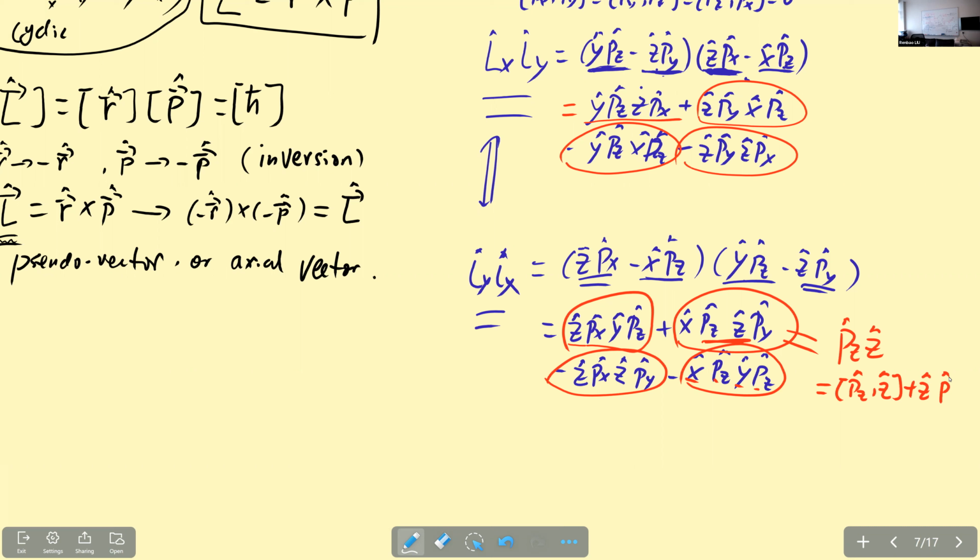So this term will be equal to X Z, and this one will equal minus I h bar, plus Z P. So basically, if we change the order, you got an extra term, minus I h bar right here, okay?